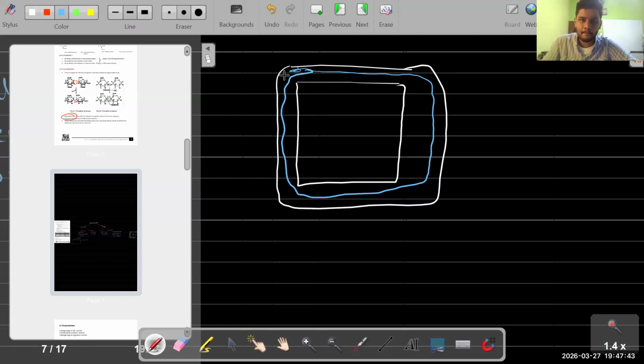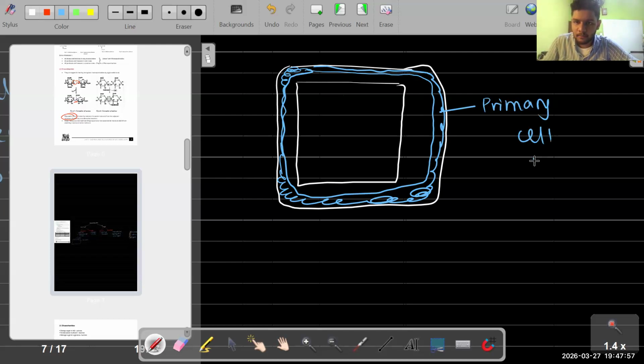It is looking like this, right? What is this blue part called? It is called the primary cell wall, right?